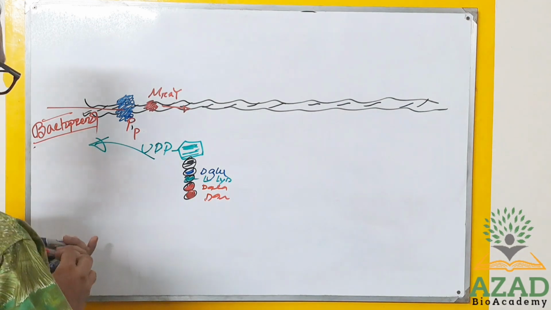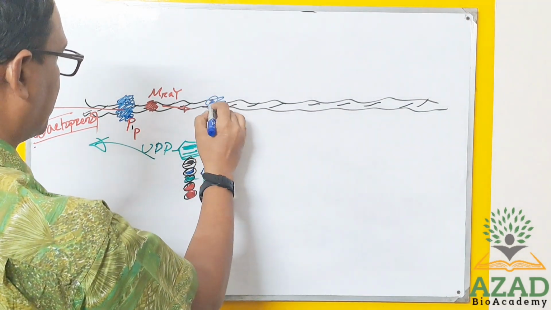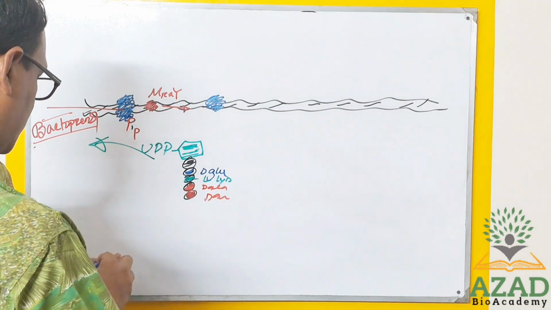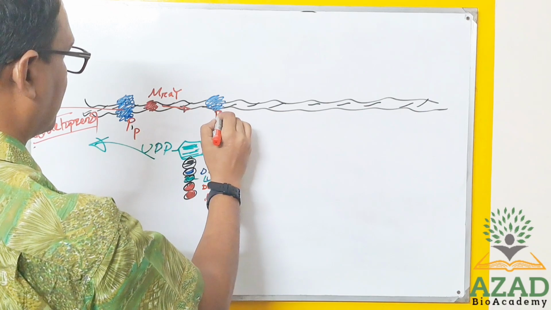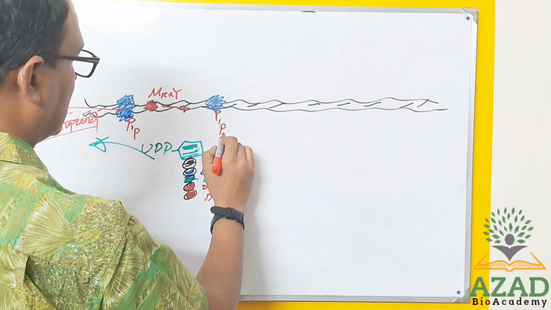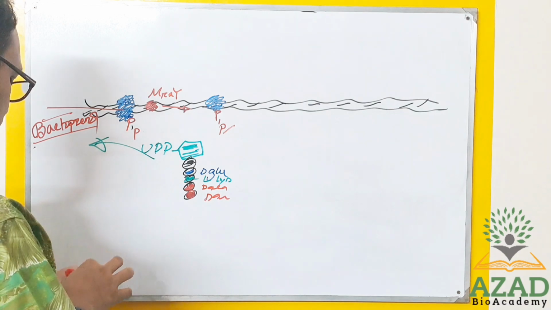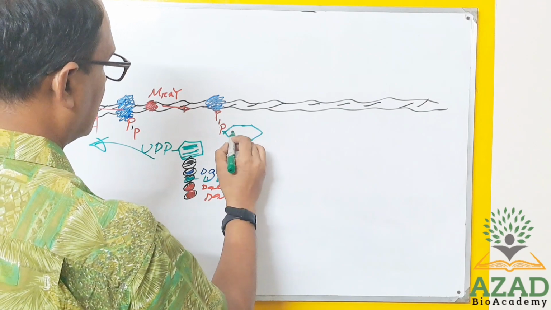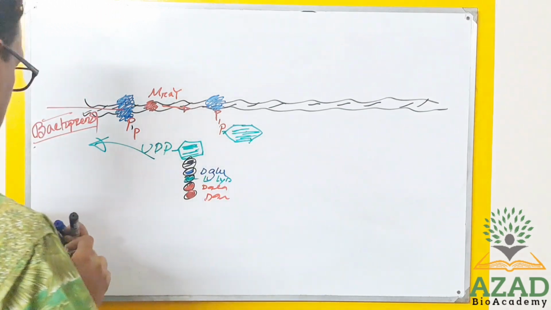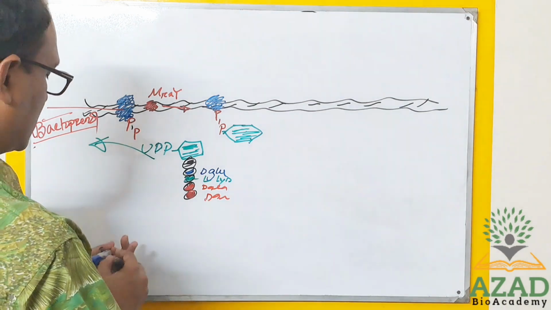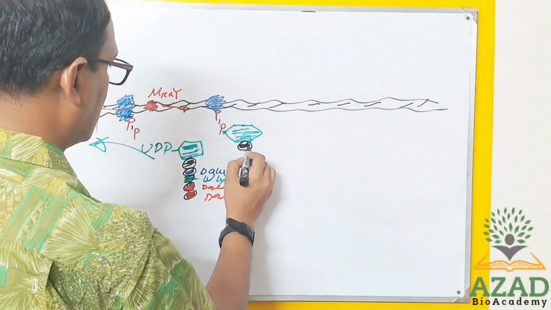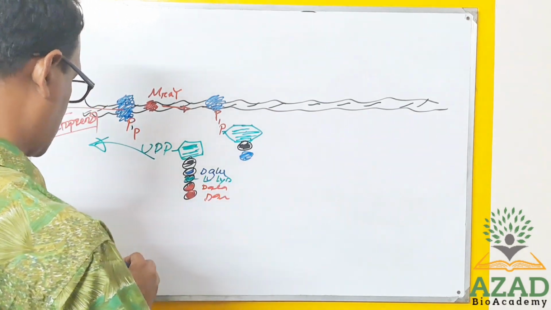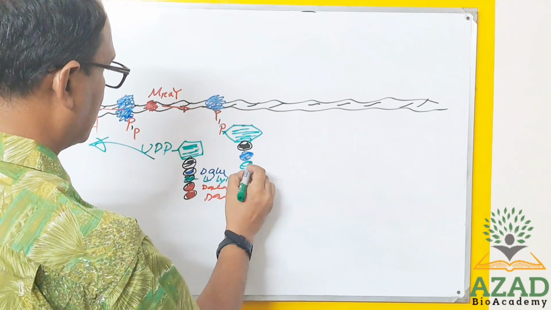This is the bactoprenol, and this is the diphosphate, and that is the sugar unit, the N-acetylmuramic acid, and that is the pentapeptide.